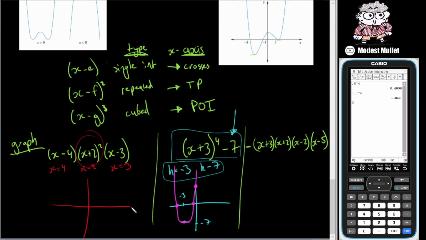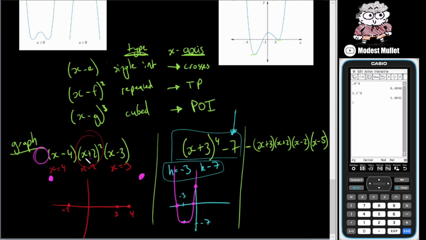So let's mark those: we have -2, we have a 3, and we have a 4. From there, we need to look at our a value. Is this a positive quartic or a negative quartic? In this case, it's going to be positive because there's no negative term out the front. So that means we start high and we're going to end high.